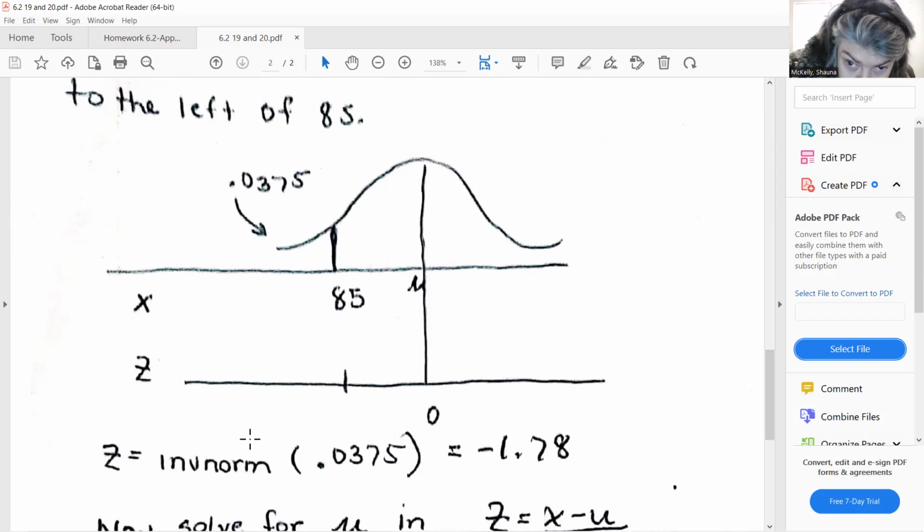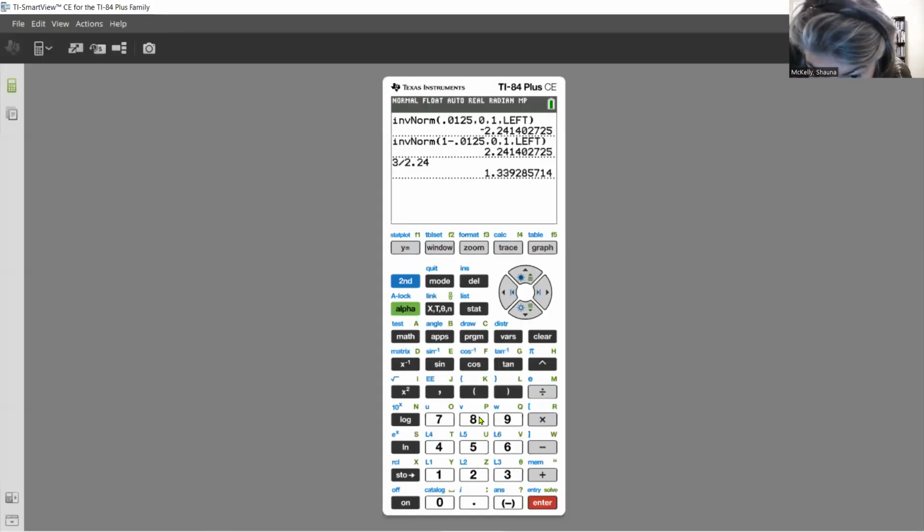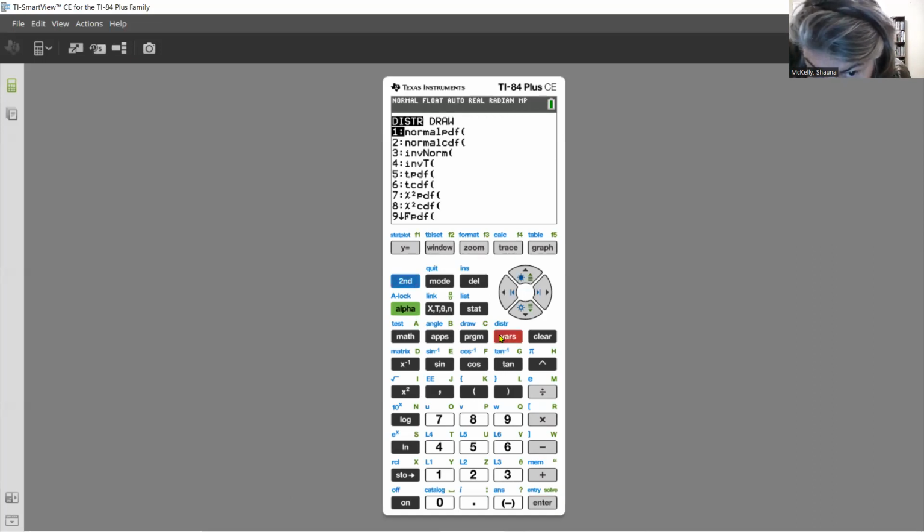So we have 85, and we do our familiar inverse norm of the area that we're given, which is 0.0375. So z is the inverse norm of that. Let's verify that with the calculator. We're going to do second distribution, inverse norm, number 3.